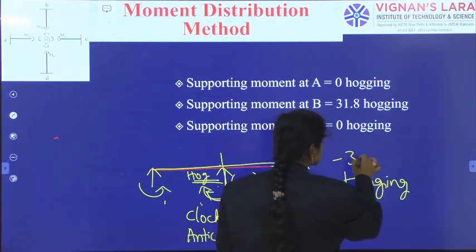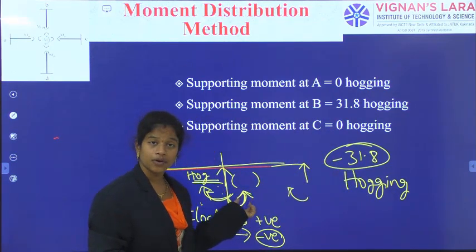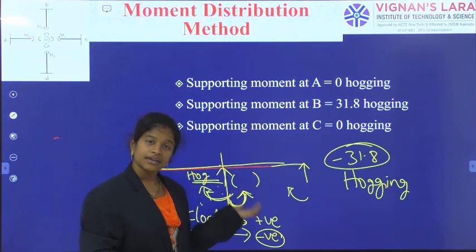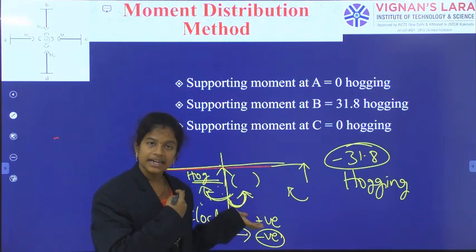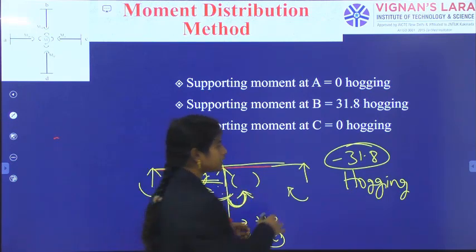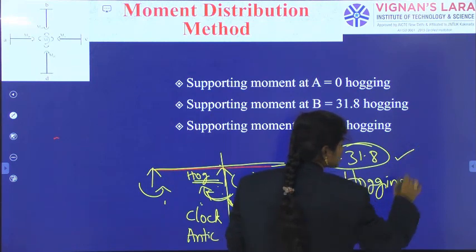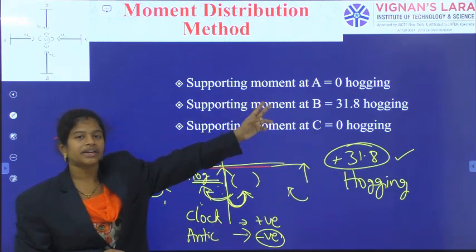So, minus 31.8 indicated at the left support and acting in this direction will be negative. For the moment distribution method only. For us, that is a hogging moment with this quantity. So, finally the support moment at B is 31.8 hogging.